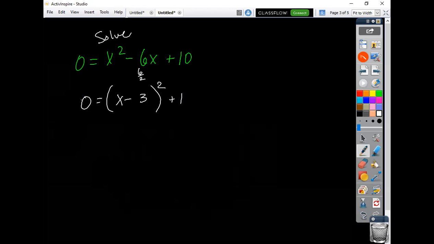Well, if I subtract the 1 to the other side, I've got a negative 1 equals the x minus 3 quantity squared. Square root both sides. To undo the square, don't forget a positive or negative. And then that leaves me with just the x minus 3.